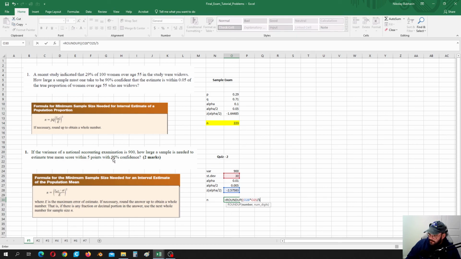Okay, so within 5 points. And that's it. Yeah, so we just square all that stuff and up to the closest whole number. Okay, so the sample size in this case should be 239. That's it. So something like this you will need to do in problem number 1 on the final exam, and let's move on to problem number 2.